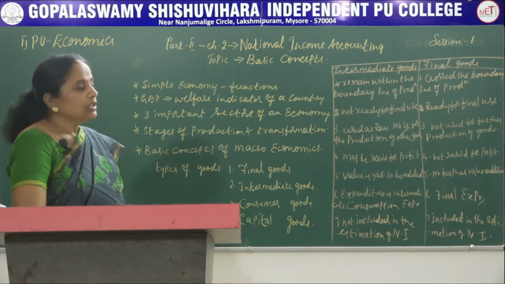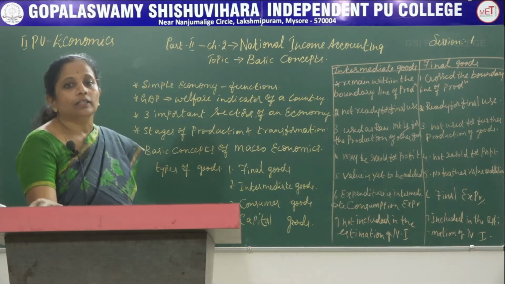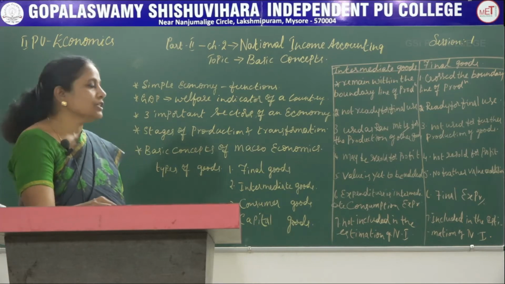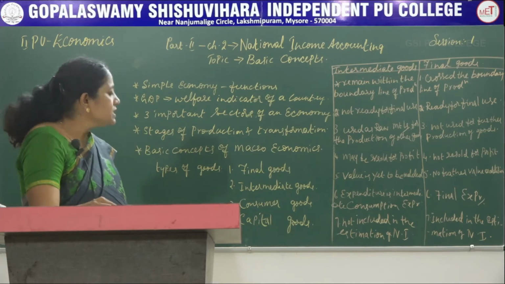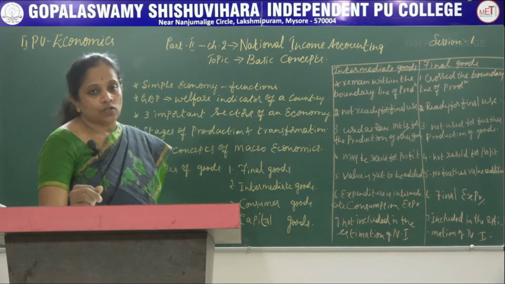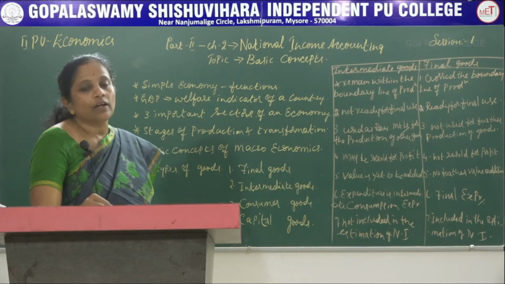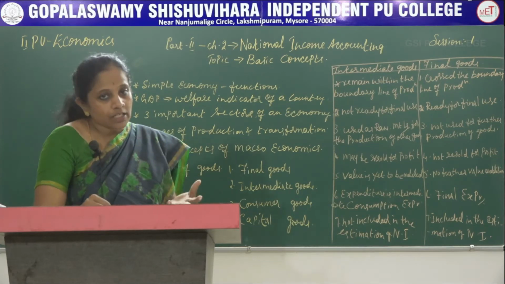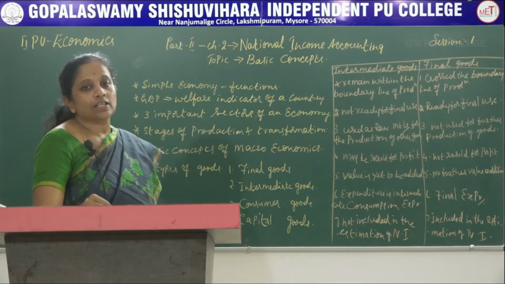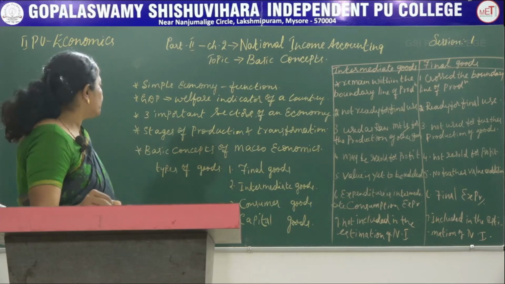You all know the three important sectors of an economy are the primary sector, the secondary sector and the tertiary sector. The primary sector is one which involves the natural resources for production. The secondary sector is one which transforms the raw materials into finished products, and the tertiary sector is a big service provider.